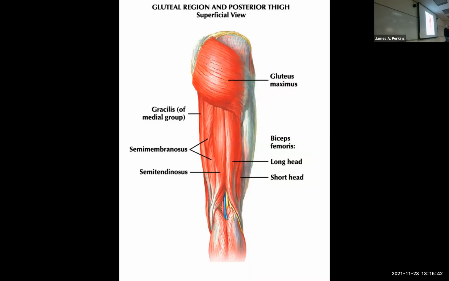So it doesn't seem to cross the knee into the tibia. But there's actually a ligament over here on the medial side of the knee joint. It's called the medial collateral ligament, which is actually a remnant of the tendon of the adductor magnus. And that medial collateral ligament does cross the knee and does attach to the tibia.